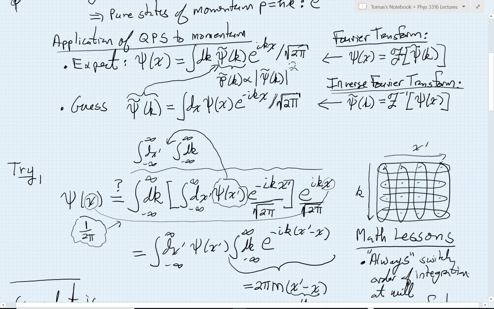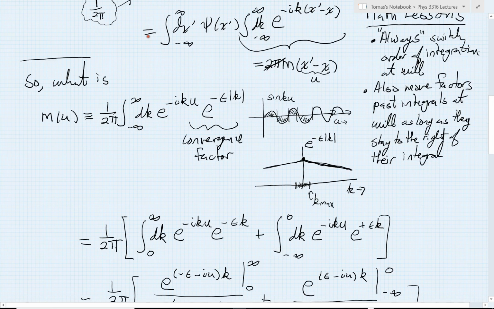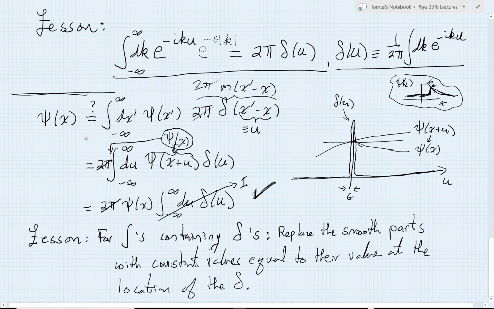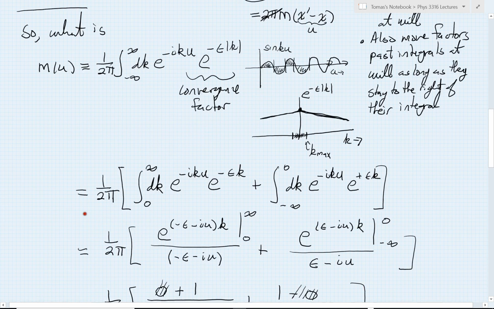And then, of course, those two factors multiply together, and they would pull out to give me this 1 over 2 pi that then perfectly cancels the 2 pi on my m, so that I have the integral of psi times m, and then everything will follow through. My integral of psi times m is the analysis we carried out here, which is really psi times a delta function, and that gives me psi. So now all of our mathematical pieces are working beautifully.